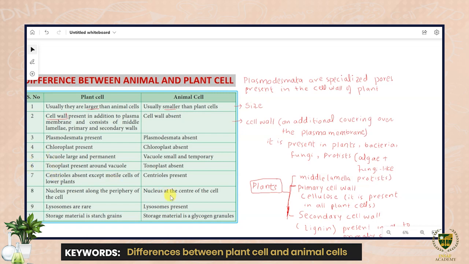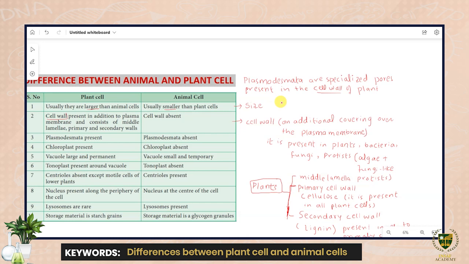Clear? Since this structure is present in the cell wall, and animals do not have a cell wall, that is the reason they lack it. The plasmodesmata are absent in animal cells.